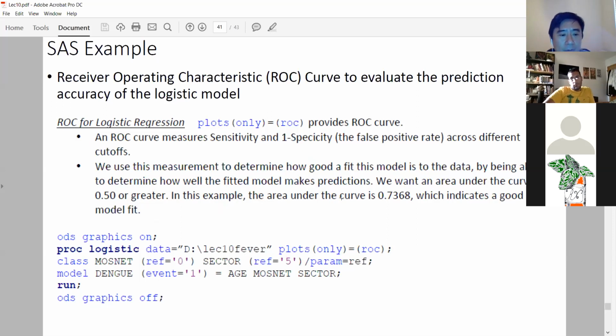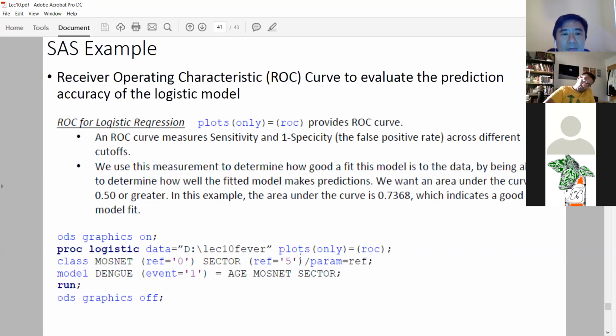SAS makes this easy, because if you have a predicted probability and you use PROC LOGISTIC and put plots equal to ROC in the PROC LOGISTIC statement, it will just automatically create that.